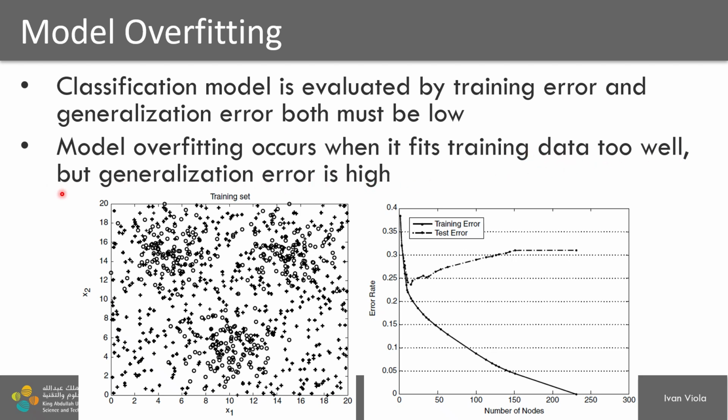We can see that in the following example. Here is a mixture of two distributions, one random distribution and one distribution of three Gaussians of a Gaussian mixture model, and we can see the data here as the circles and the crosses.